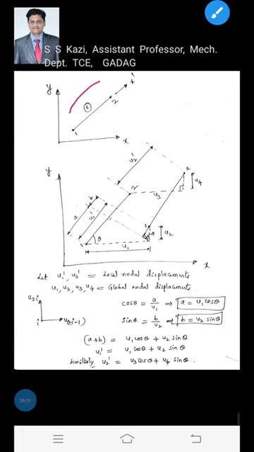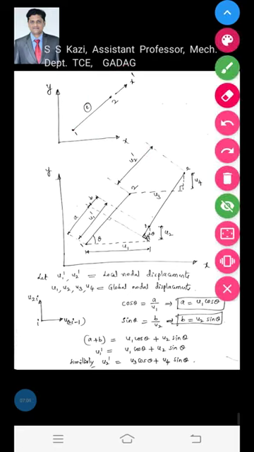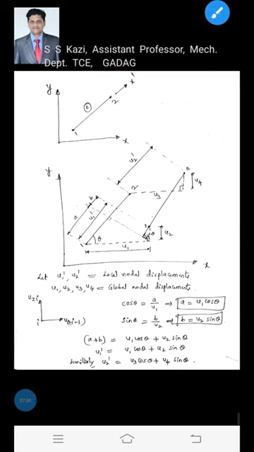The local coordinate is x dash, which passes through nodes 1 and 2, and the global coordinates are x and y. Now we will deduce the relationship between local displacements and global displacements. Let us consider this truss element having two nodes 1 and 2.